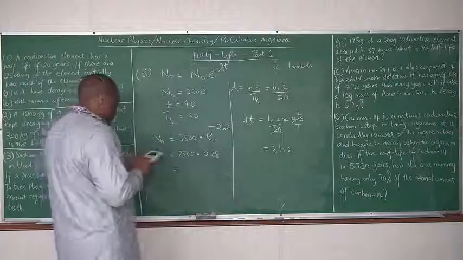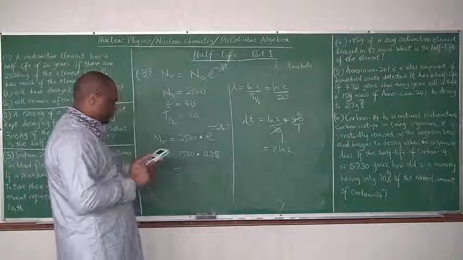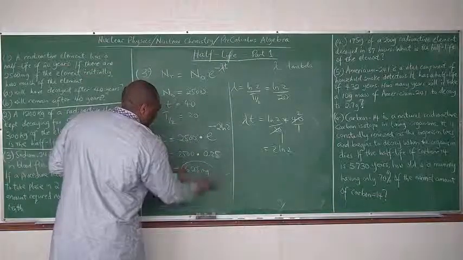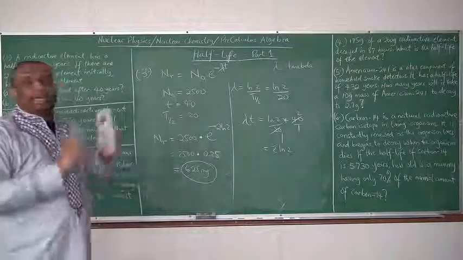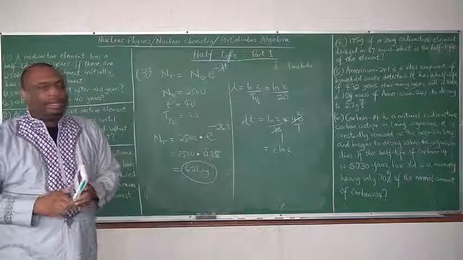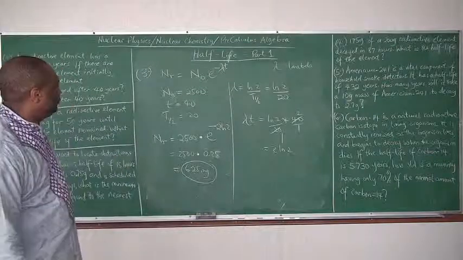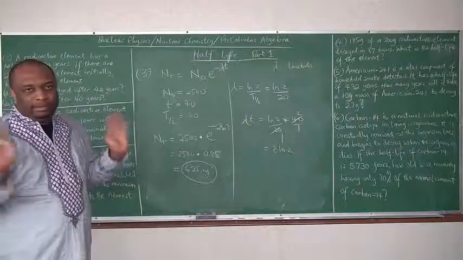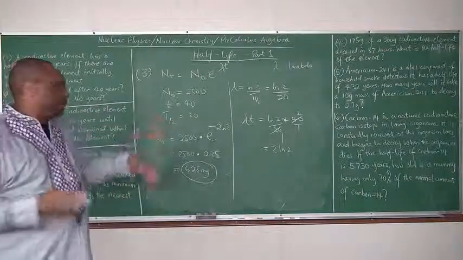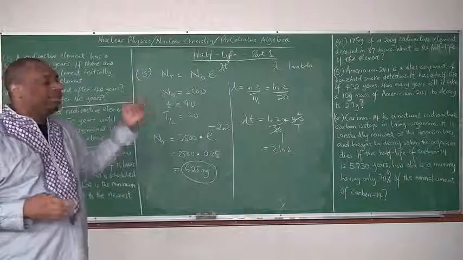Times 2500, and that is 625 milligram. So you can use any formula. That is up to you. We can use both formulas, the first one and this one.